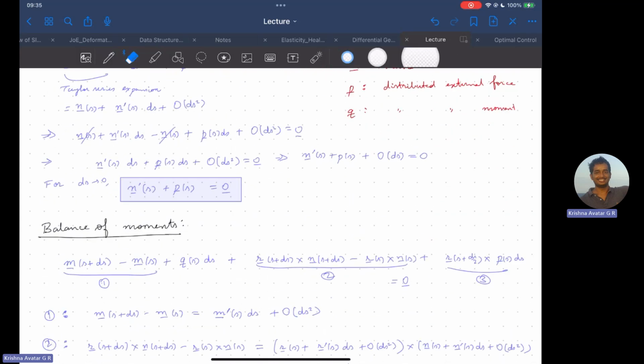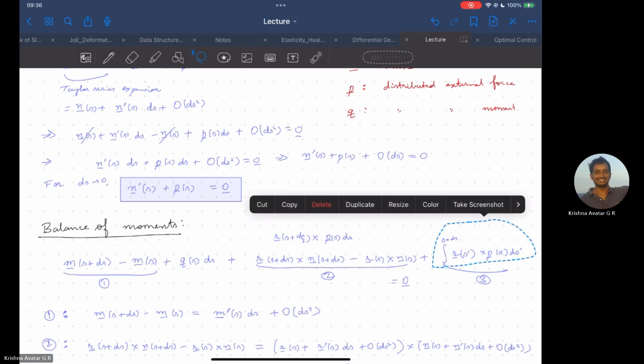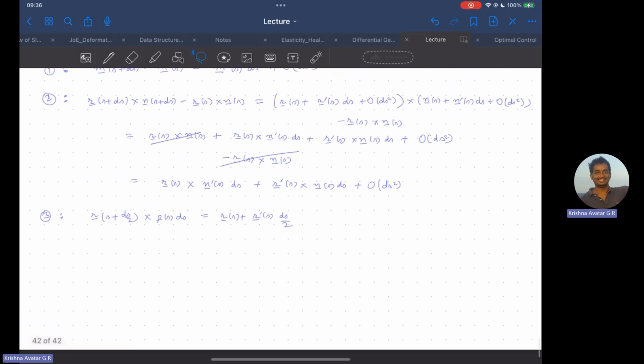Can we write it as r prime of S prime cross p vector of S prime ds prime over an interval of S to S plus ds? This is how it should essentially look, and I use this expression for now, because that's what the true expression would look like when we simplify it, rather than the pre-assumed one.